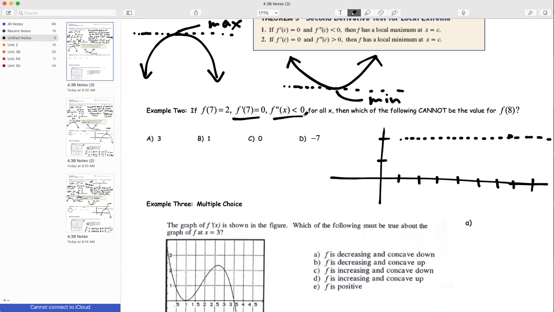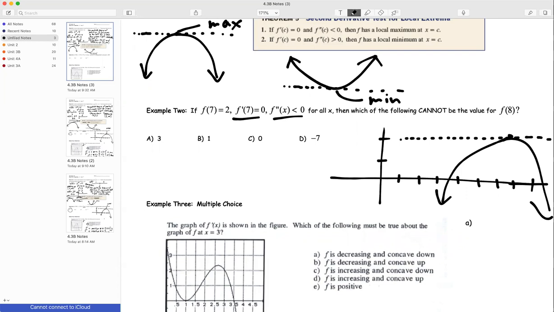And this says that my second derivative is negative, meaning for all x values, my function is always concave down. So it looks something like that.